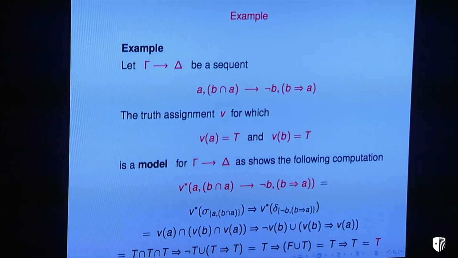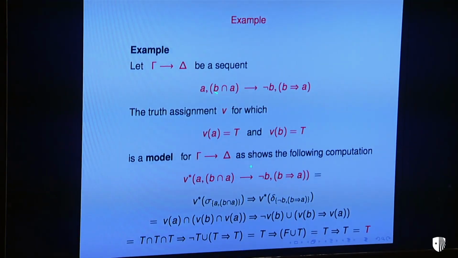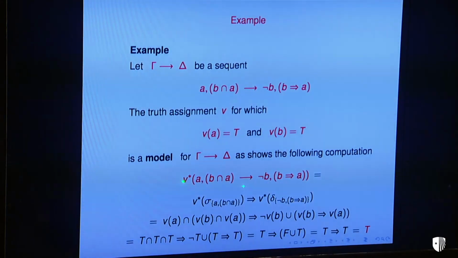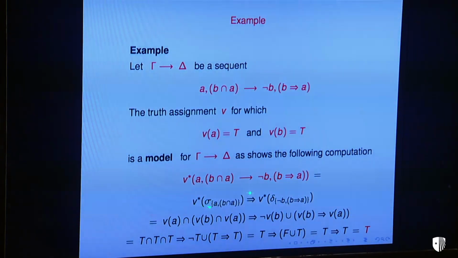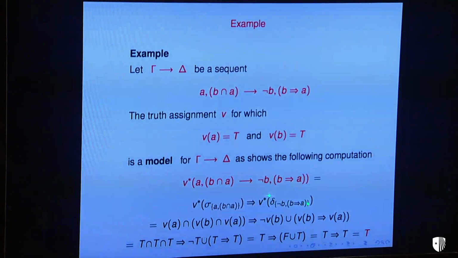For example, let's say you have a sequent and a truth assignment, and I want to know if this truth assignment is a model for that sequent. So V star of the sequent, by definition, is V star of the conjunction of this and the disjunction of this.